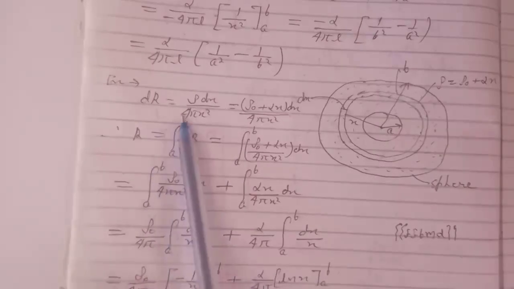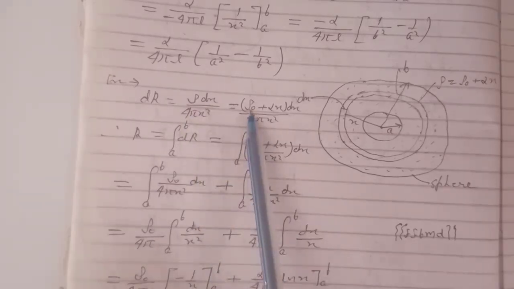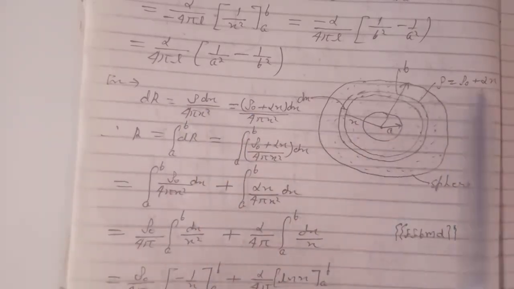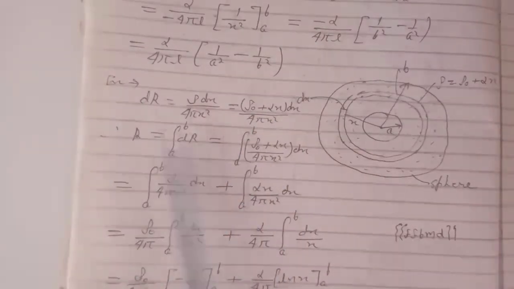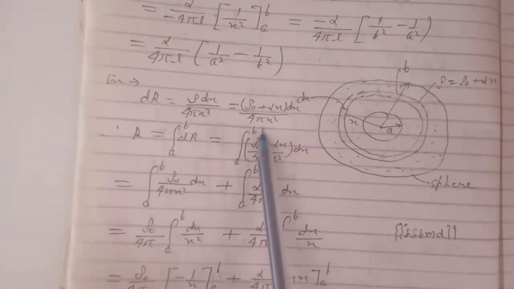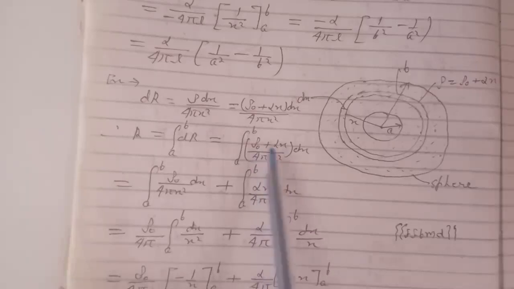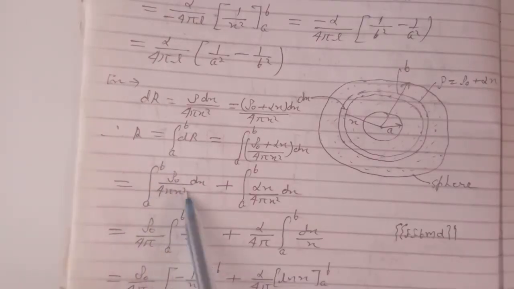So we can write dR equal to rho dx by 4 pi x square, rho into L by A, and rho has the value given, rho naught plus alpha x, into dx by 4 pi x square. Hence integration from a to b of dR, putting the value of rho, rho naught plus alpha x divided by 4 pi x square into dx, or a to b rho naught by 4 pi x square dx plus a to b alpha x by 4 pi x square dx.